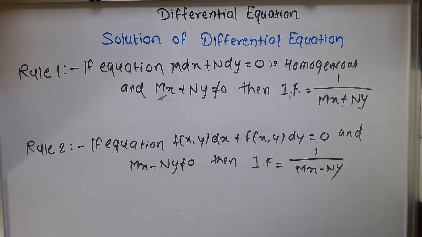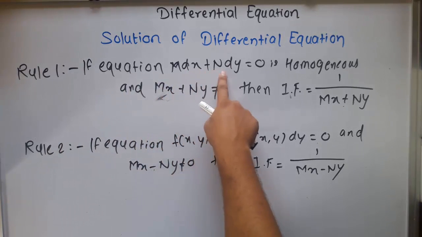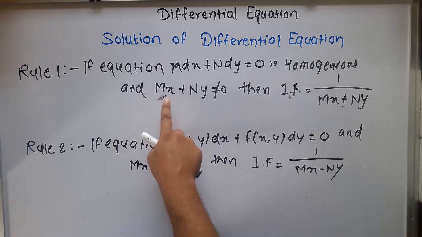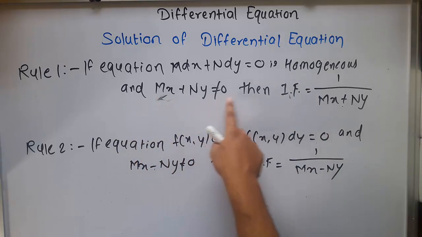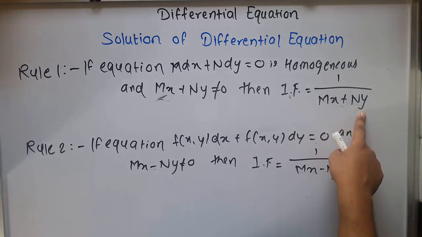Now there are different rules to find the solution of a non-exact differential equation. Rule first: if the equation M dx plus N dy equal to 0 is a homogeneous equation and Mx plus Ny is not equal to 0, then the integrating factor will be 1 upon Mx plus Ny.